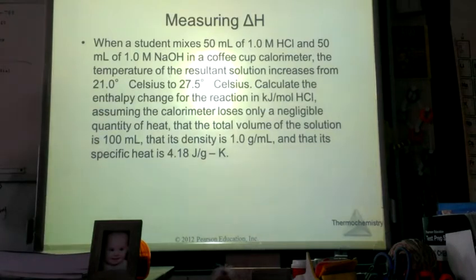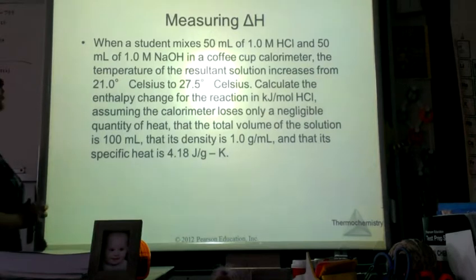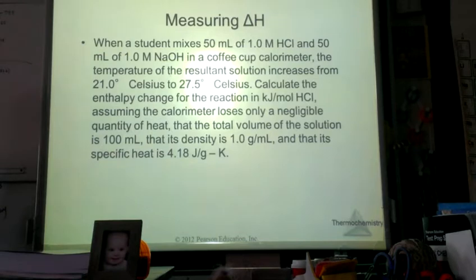So this says, when a student mixes 50 mL of a 1 molar HCl solution and 50 mL of a 1 molar sodium hydroxide solution in a coffee cup calorimeter, the temperature of the resultant solution increases from 21 degrees Celsius to 27.5 degrees Celsius.